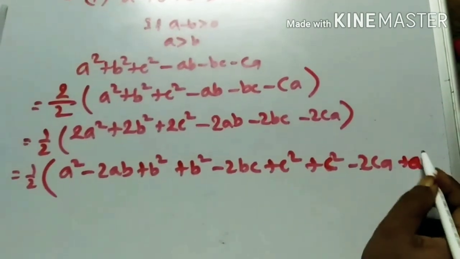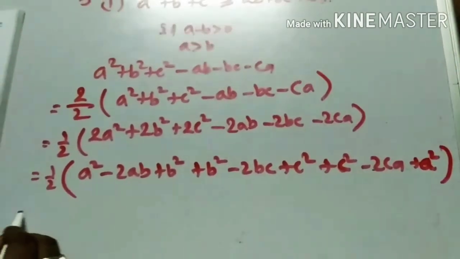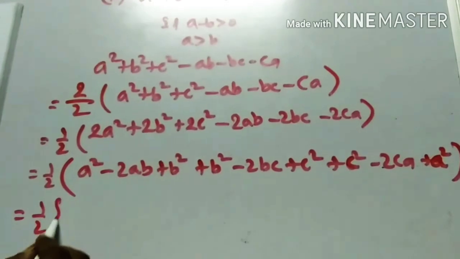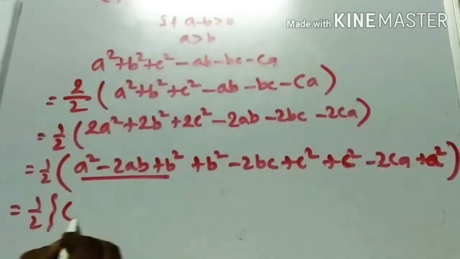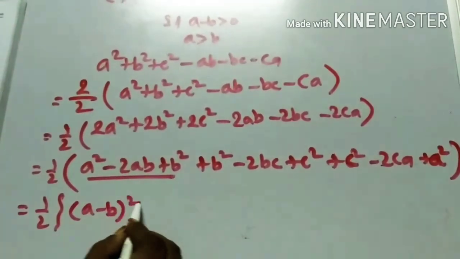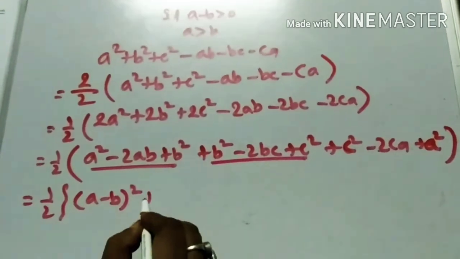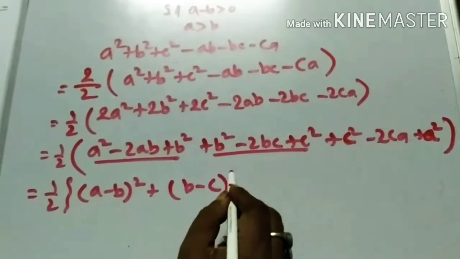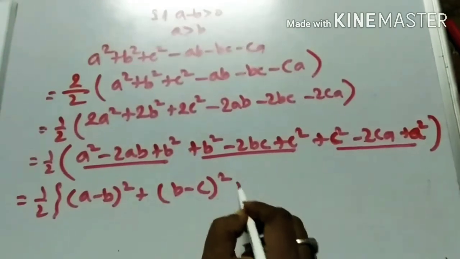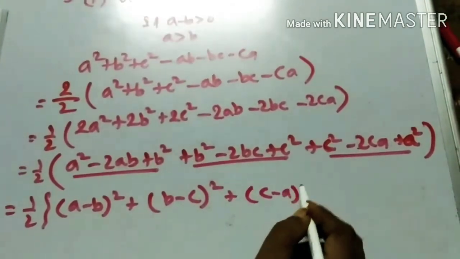So 1 by 2, now see, this is a minus b the whole square, this is b minus c the whole square, and this is c minus a the whole square.